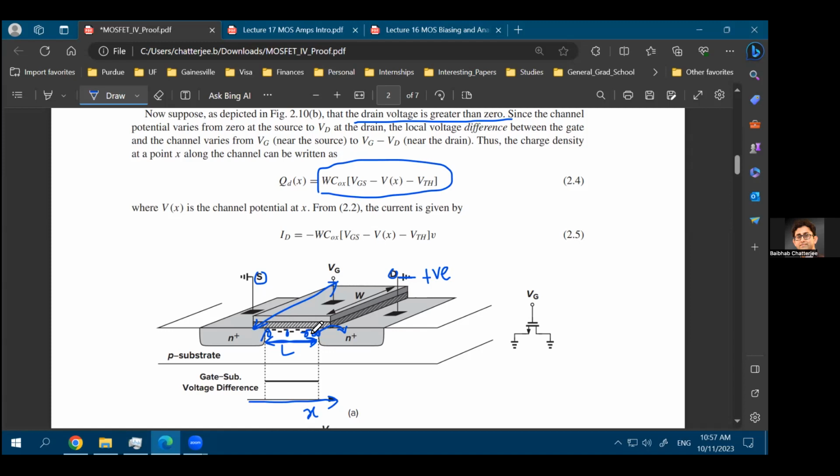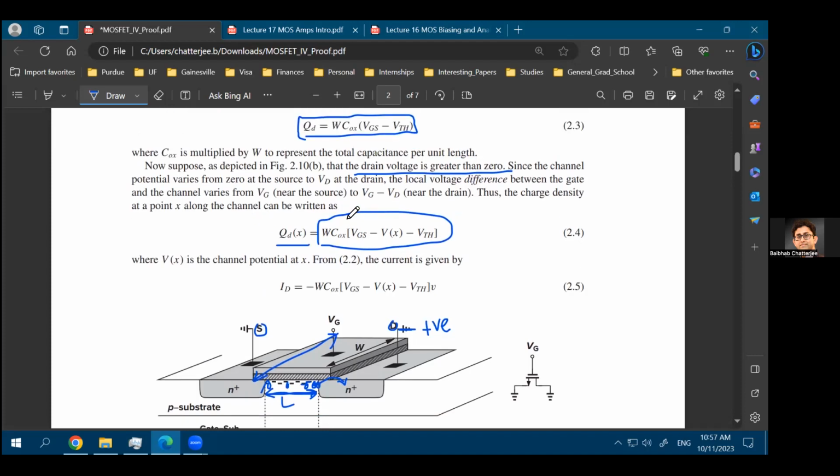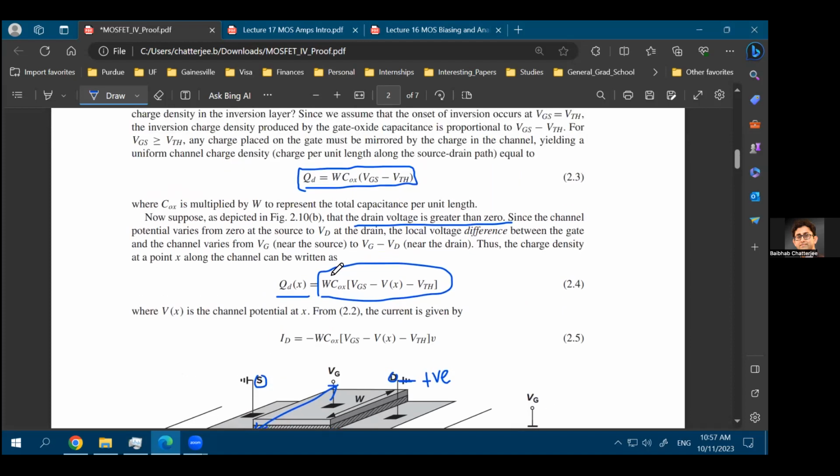Okay, so if that is true, then your channel charge density in that case is basically W times COX times this voltage, which will now have this form. It will not only be VGS minus VT, you'll have an additional term of Vx.